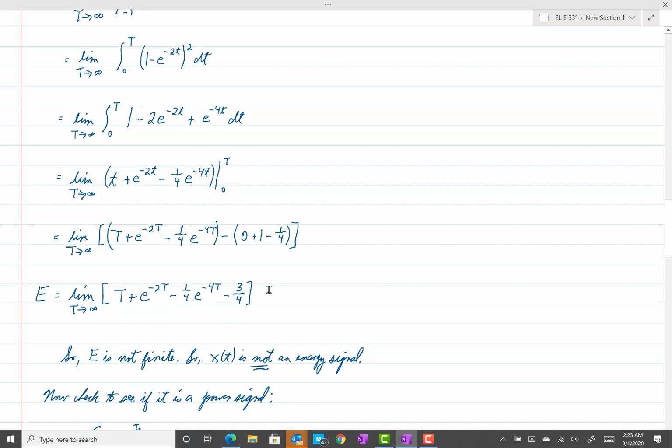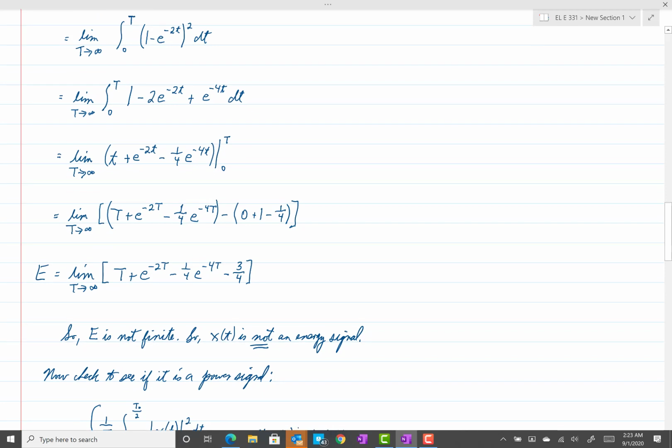And now if we think about what's happening as T goes to infinity, e to the minus 2T goes to 0, and e to the minus 4T goes to 0. Minus 3/4 just stays as minus 3/4, but as T goes to infinity, this T here is getting bigger and bigger and bigger.